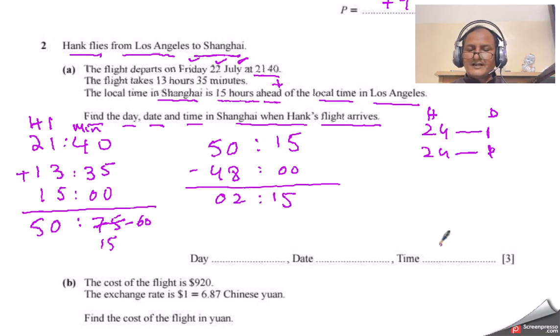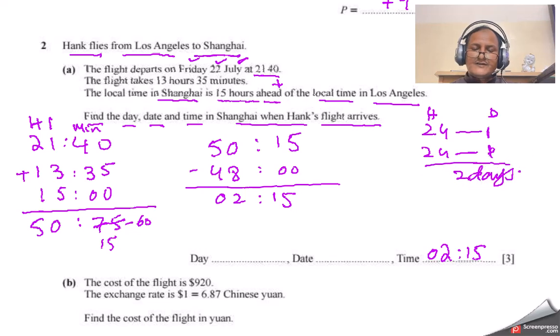It means the arrival time is 02:15. After 2 days, from Friday, Saturday and Sunday, so it will be Sunday, and the date from 22nd July after 2 days is 24th July.